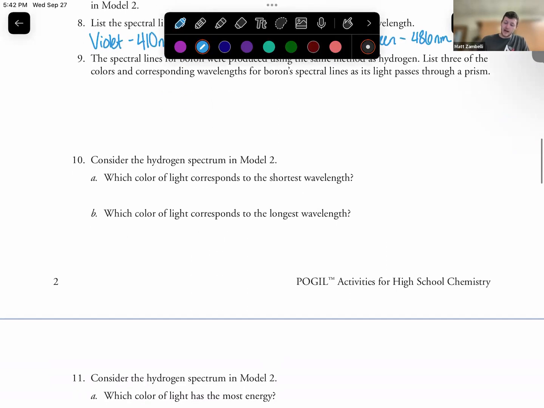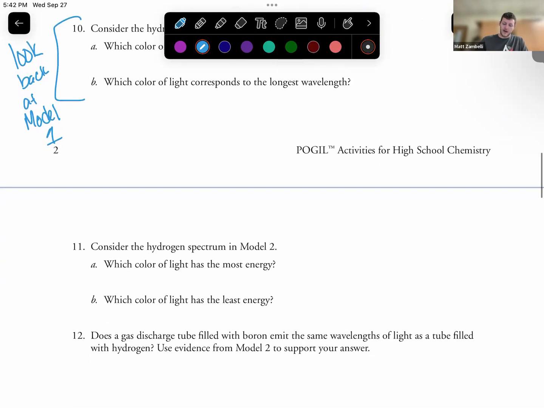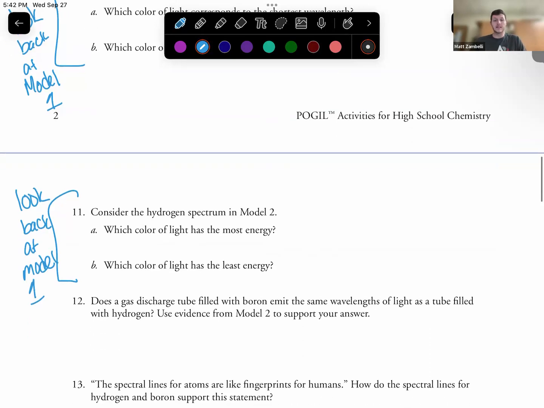For questions 10 and 11, I want you to look back at model 1 to help you with your answers. In case you have any issues, look back at those models.